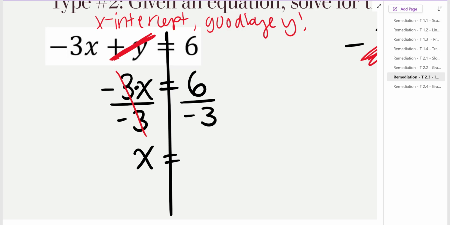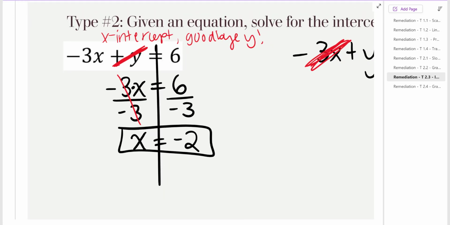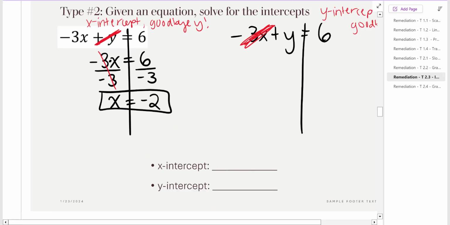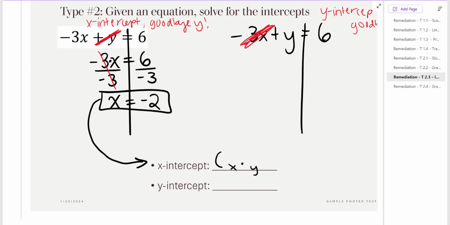Okay, and remember 6 divided by negative 3 is negative 2. So that is the x-intercept. So x is negative 2 and y is 0.